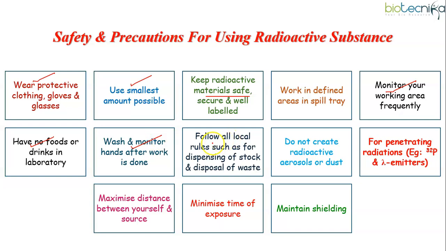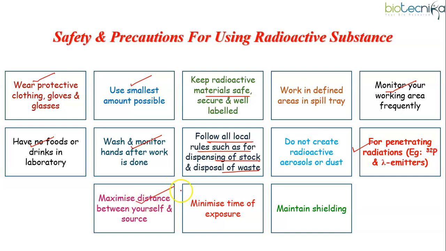It is also very important that all local rules, like those regarding dispensing of radioactive waste, should be followed. Especially when working with penetrating radiations like 32P, and those radioisotopes which emit gamma rays, maximize distance.